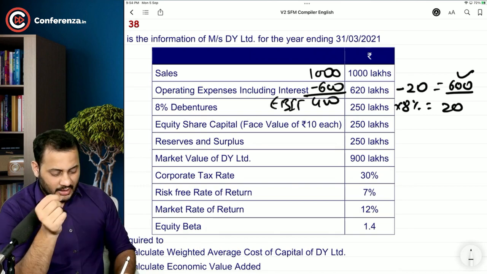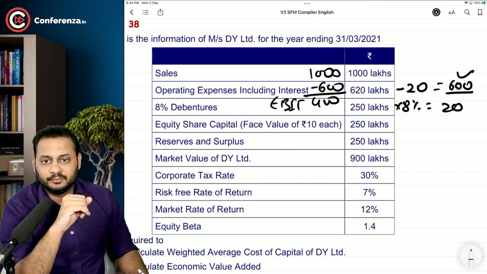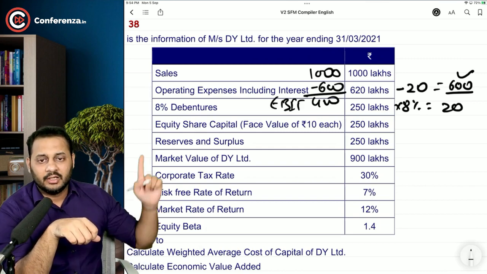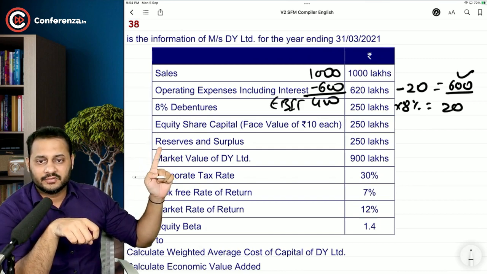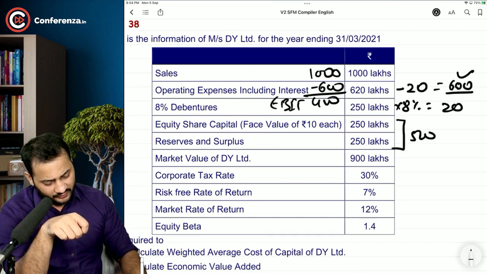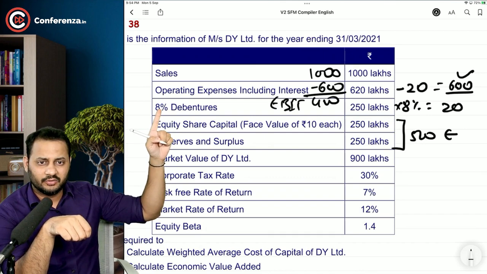Yes, sir. And if you deduct interest out of it, then it will be EBT. So 400 is important for me. That's one treatment. Now equity share capital, reserves and surplus is 500. That is the equity value, and 8% debenture is the debt value, that is 250.